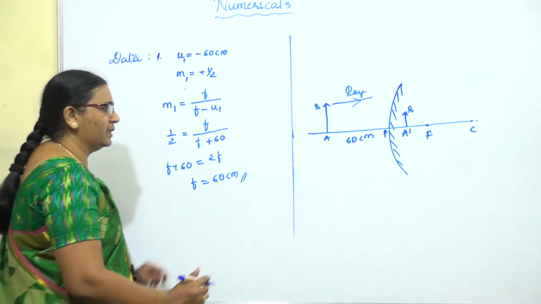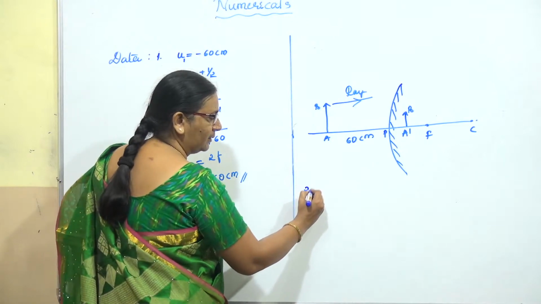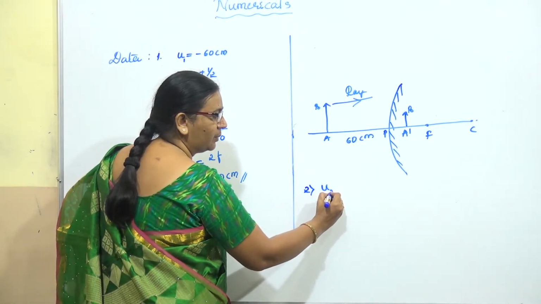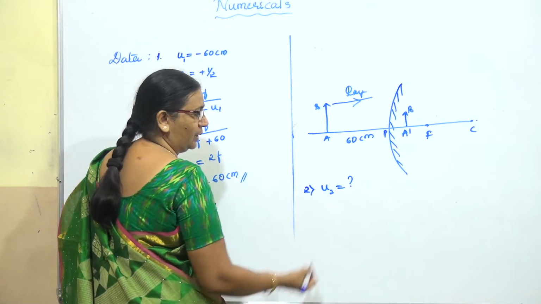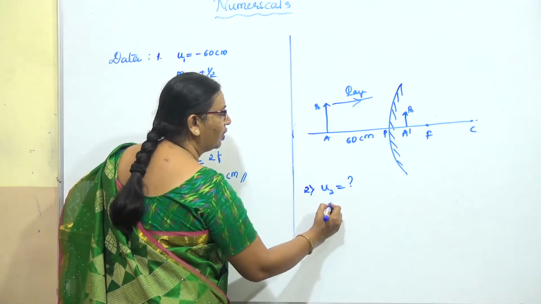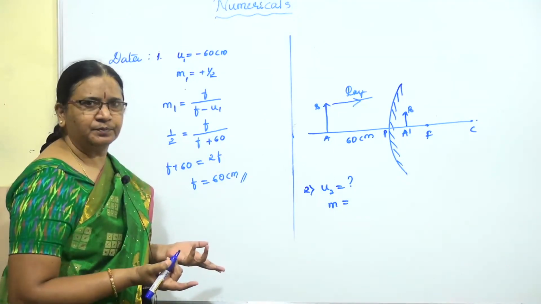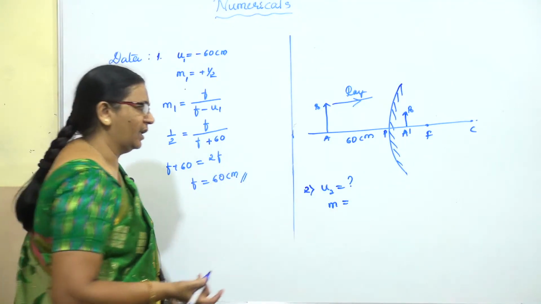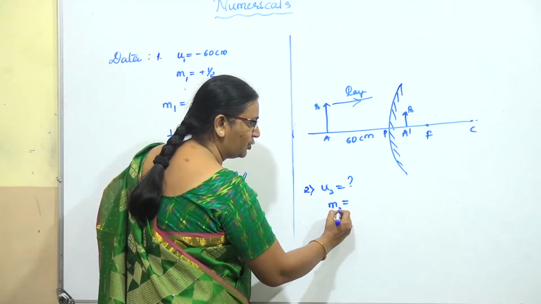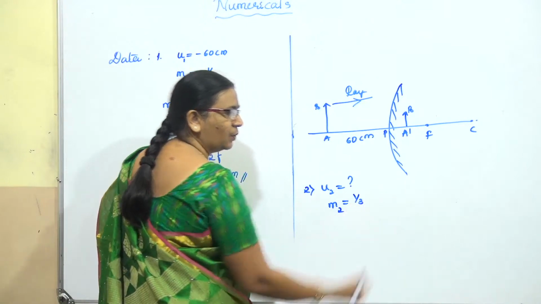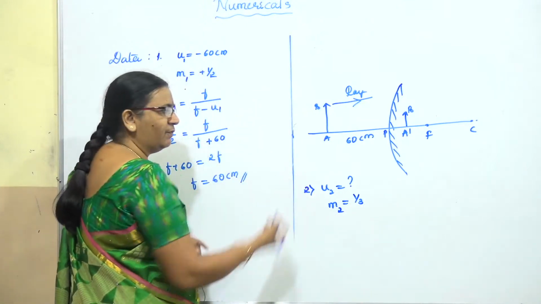One more question is there. Now you have to find where should you keep the object so that its magnification is going to be less than 1 and virtual, positive itself. Its magnification, M2, should become 1/3. So again use the same formula.